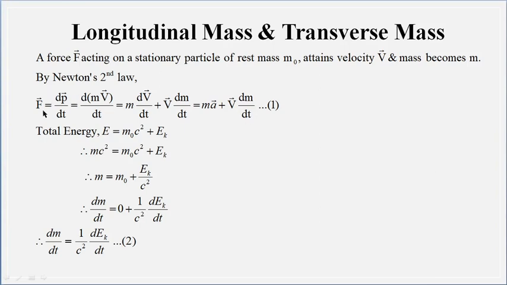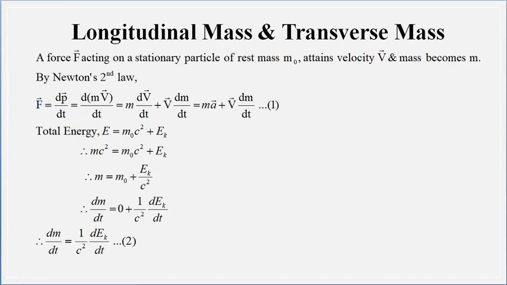And in fact here we see that the force depends upon acceleration as well as the velocity. In this equation 1, F equal to ma plus v dm by dt, the direction of force does not entirely depend upon acceleration, but also on the direction of the velocity.